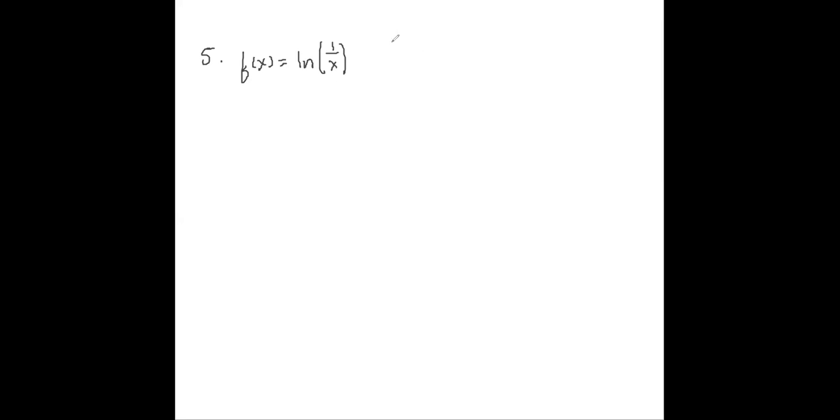Yep. So I'll call this h of g of x. So h of g is going to be the natural log of g. So h prime of g is going to be 1 over g. And then I have g of x, which is equal to 1 over x.